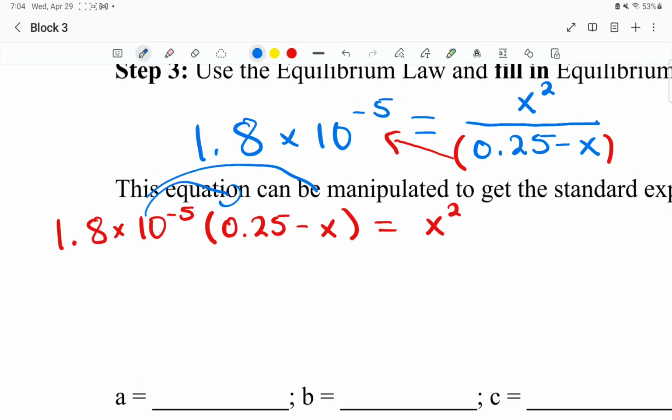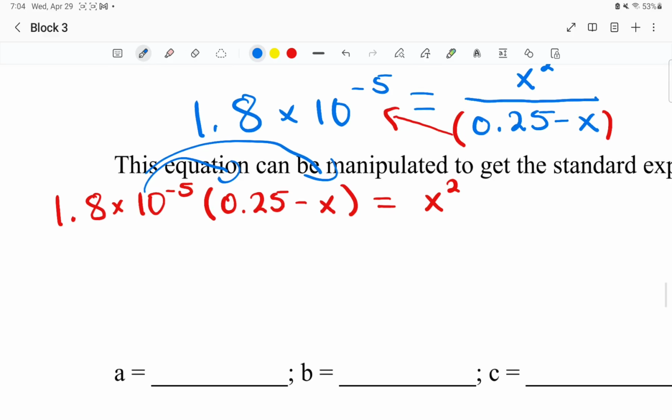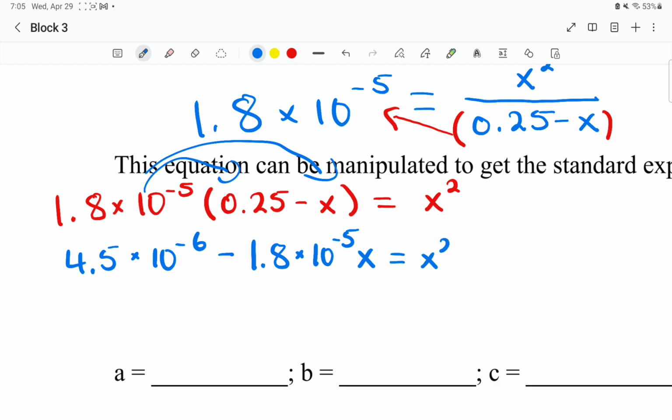Using my distributive property, calculator time. We get about 4.5 times 10 to the negative 6 minus 1.8 times 10 to the negative 5 times x, which is equal to x squared. I hope you can tell the difference between my x's and my multiplications.